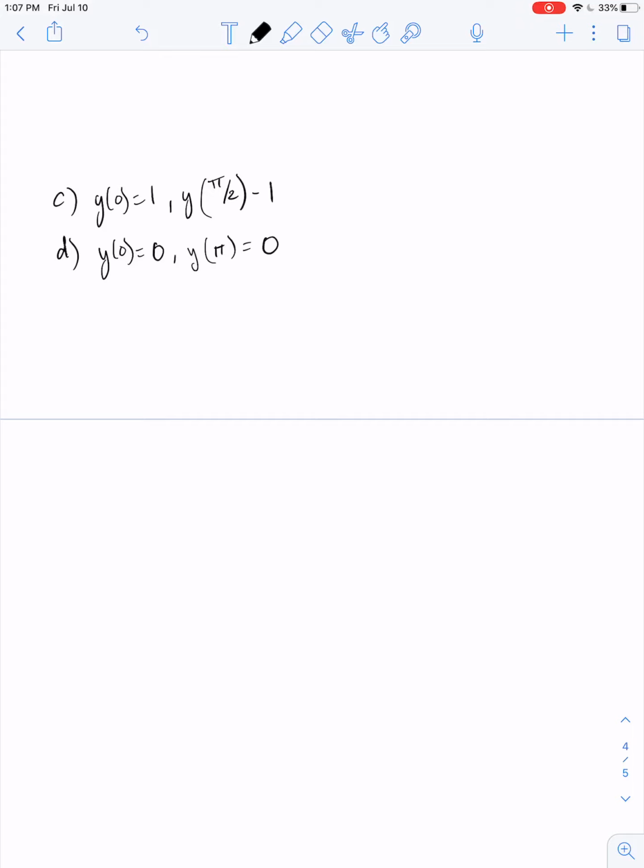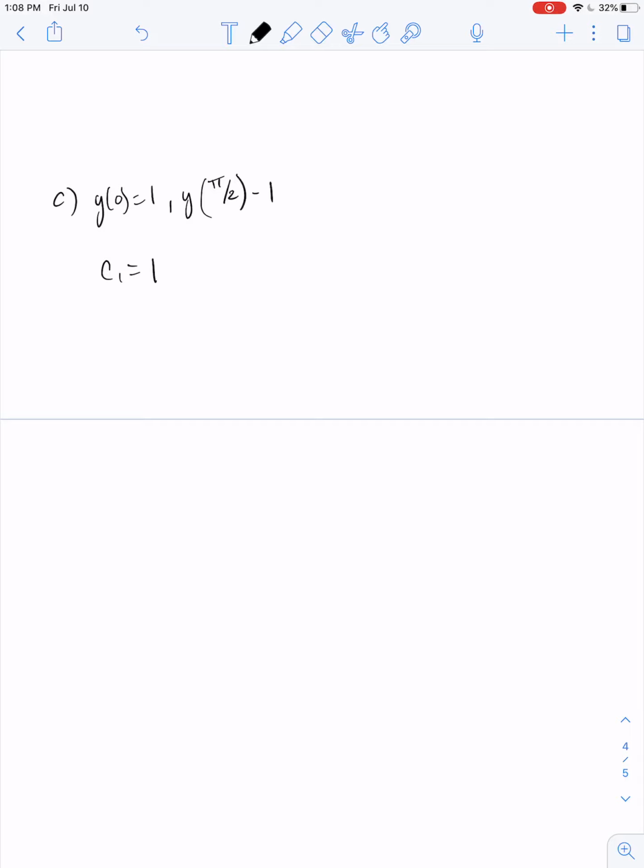With that first one we already know, like for letter C, that C1, because we've done this before, is going to equal 1.